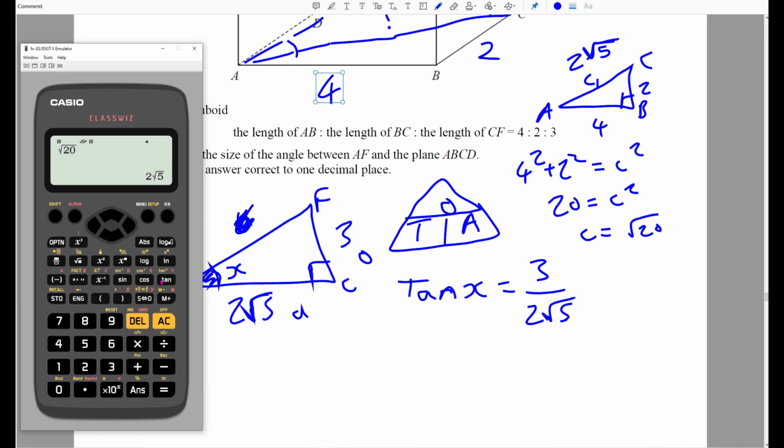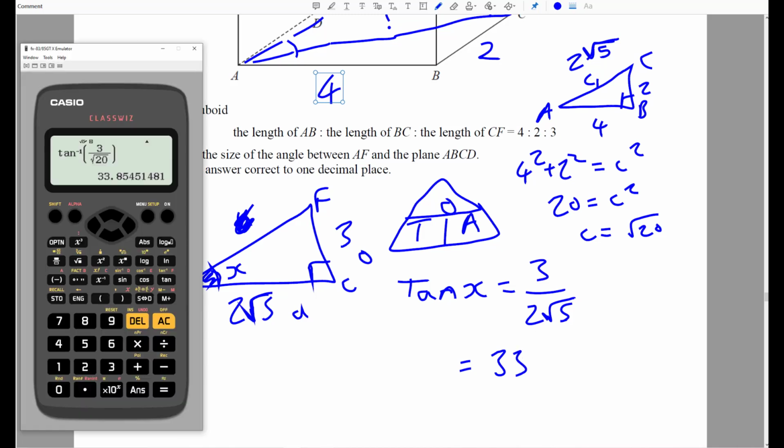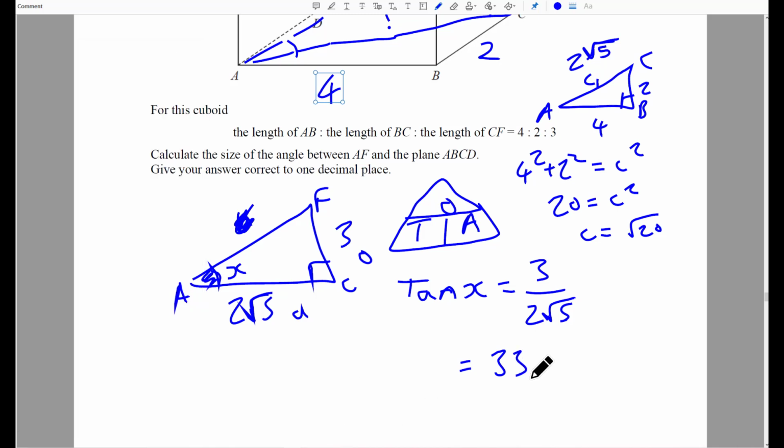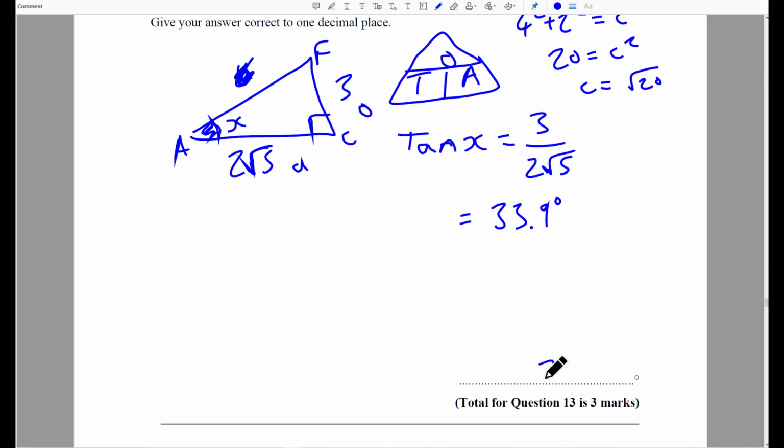So we're just going to inverse tan 3 over, I'm just going to use root 20 here. Equals, was it 1 decimal place? 33.9. 33.9 degrees. Let's write that here. Oh, that's nice and easily done.